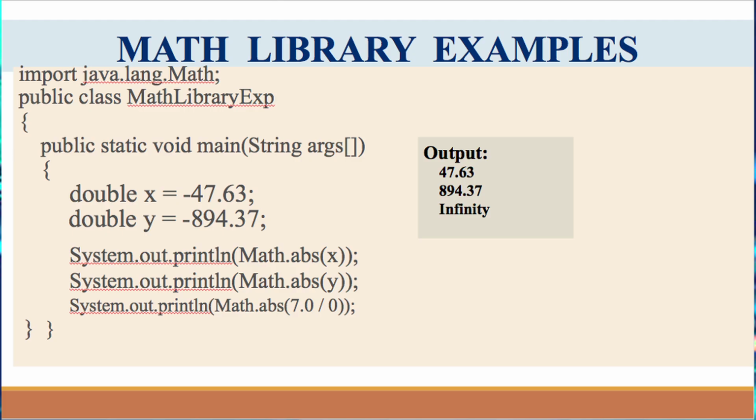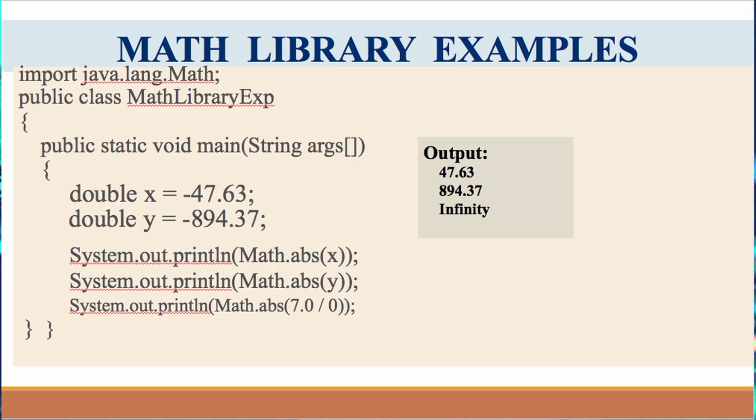These two values are assigned to x and y, but we have three System.out.println statements, meaning three output statements. In the first statement we are printing the value of x, in the second one we are printing the value of y, and in the third statement we are printing the division of 7 by 0.